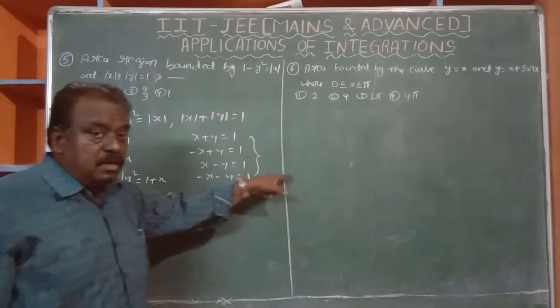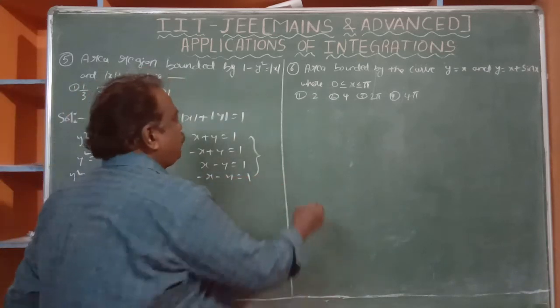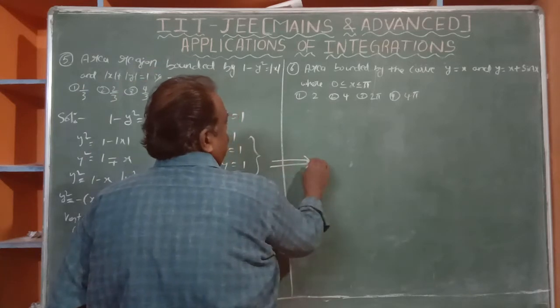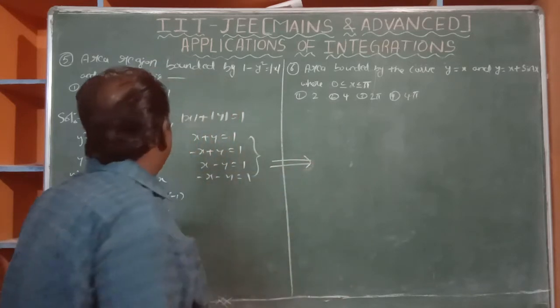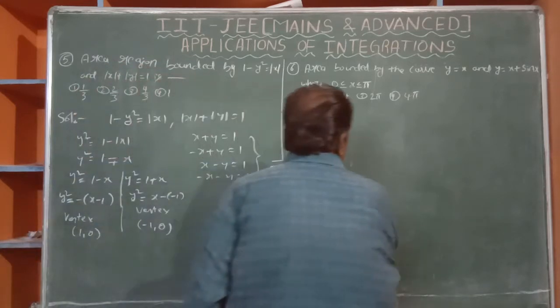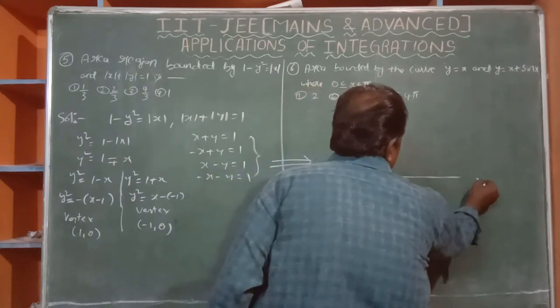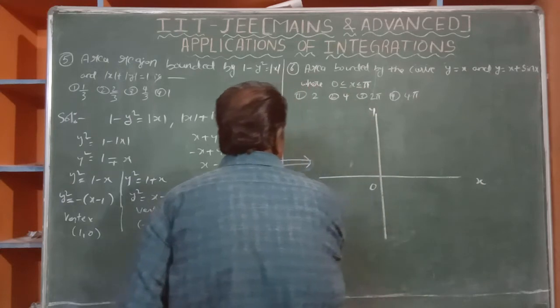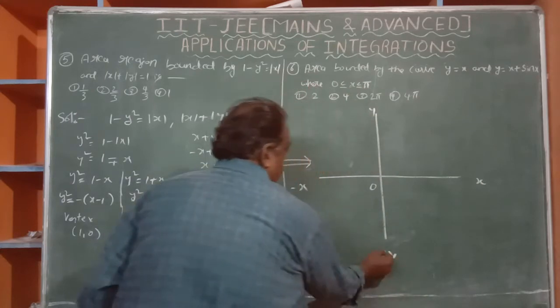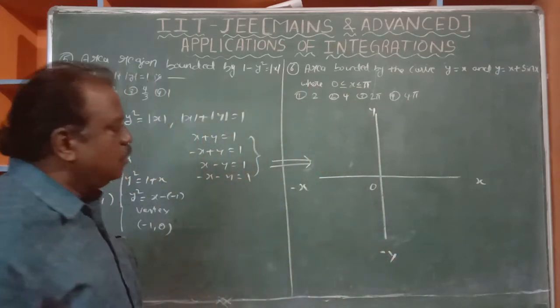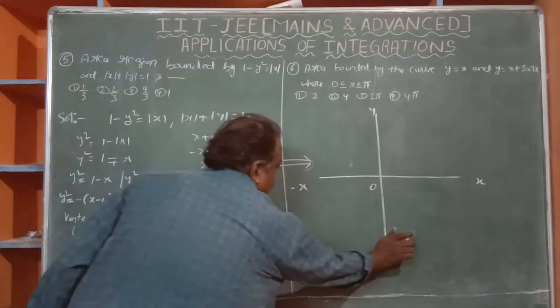I will draw the diagram here. You see, it is the x-axis, y-axis, minus x-axis, and minus y-axis.